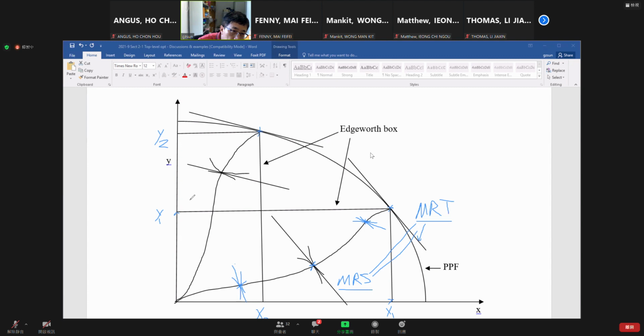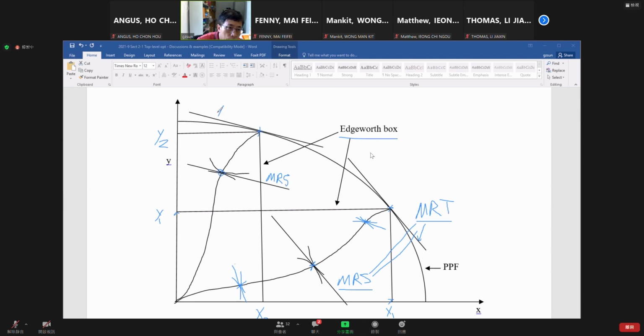Again, for this Edgeworth box, we can draw the exchange optimal curve, which we call the Pareto curve. Usually among them, only one exchange optimal point is such that this is the marginal rate of substitution.